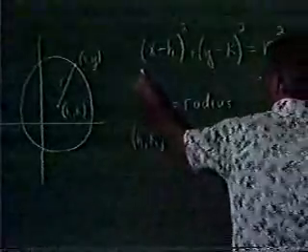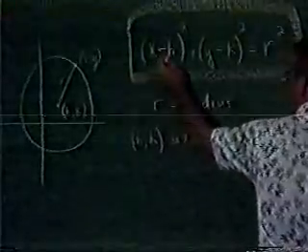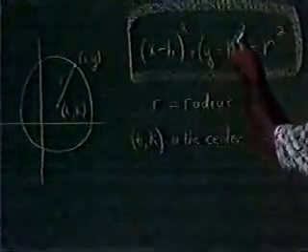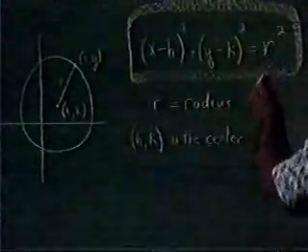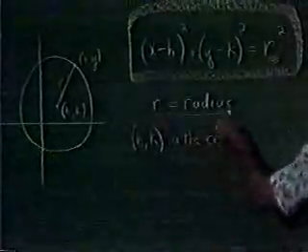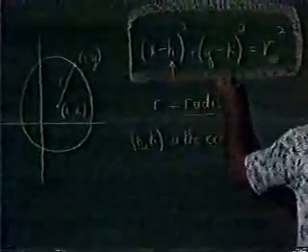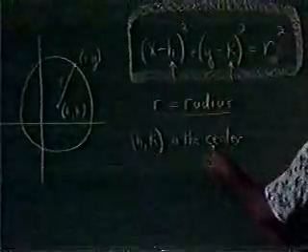We have the general form equation of a circle that says (x minus h) squared plus (y minus k) squared is equal to r squared, where this number that's squared is the radius of that circle, and whatever these numbers are, this h and k, is the center of that circle.